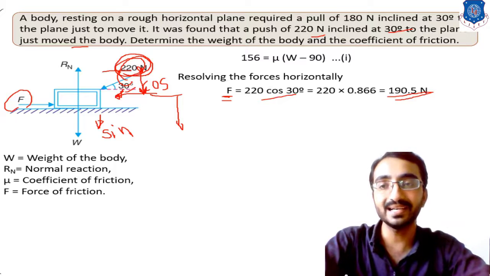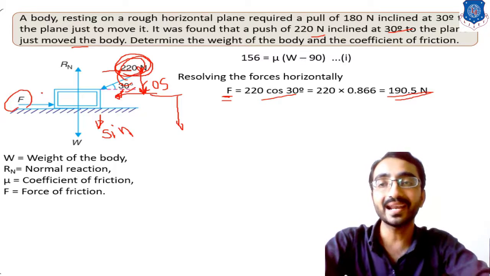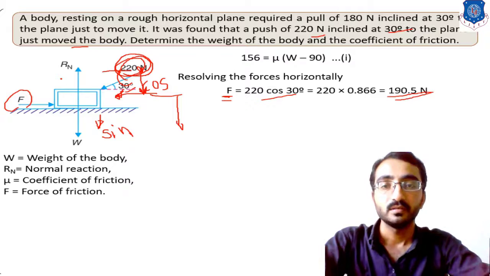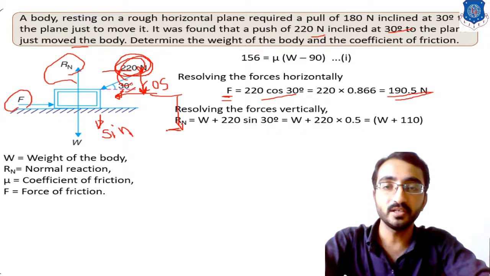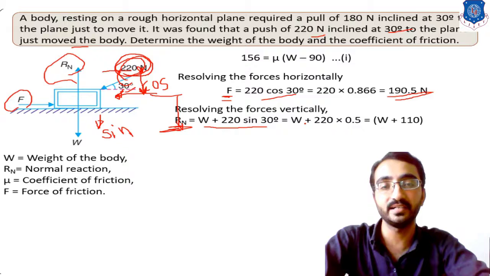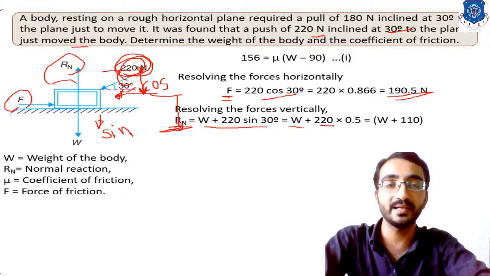So for the vertical direction, we can simply say that Rn is equal to W plus 220 sine 30. Okay, 220 into sine 30, that is 0.5. So that will give you the relation W plus 110.